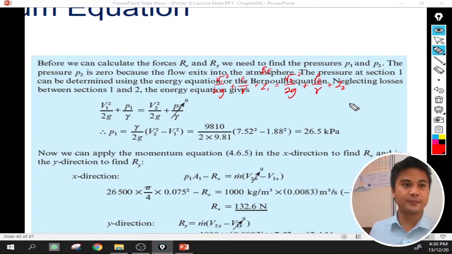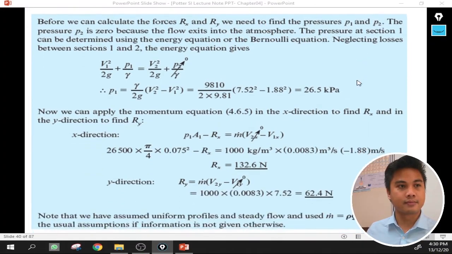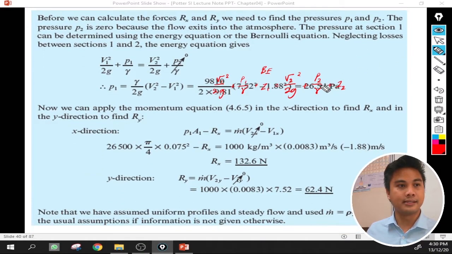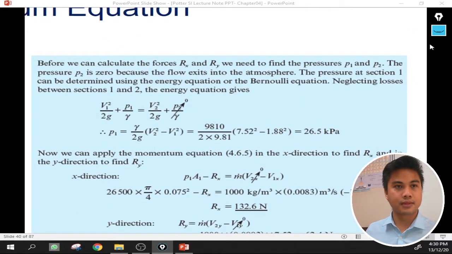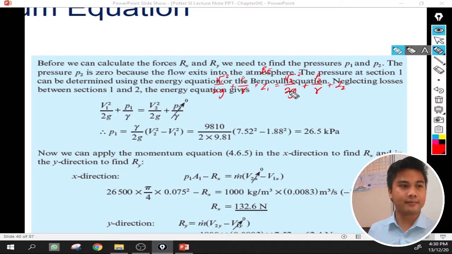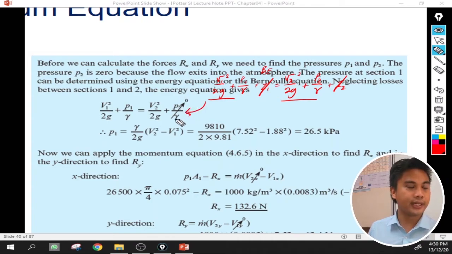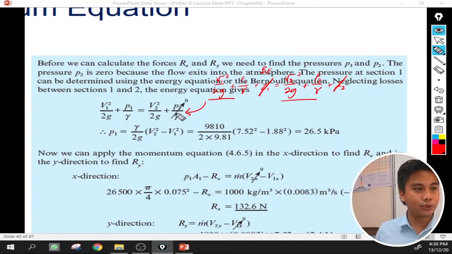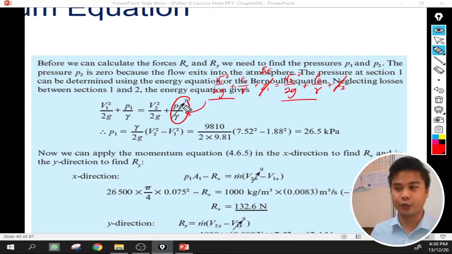The change of Z is almost zero. Thus, we can cancel Z. That's why only this equation is left, as you can see here. Pressure at point 2 is exposed to atmospheric pressure, so it is equal to 0.